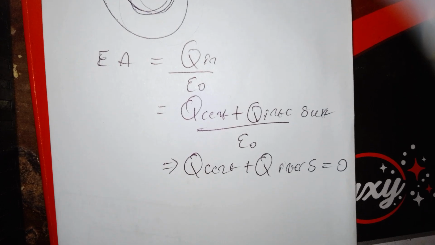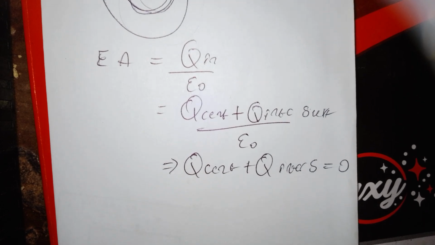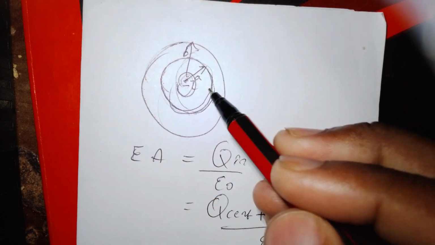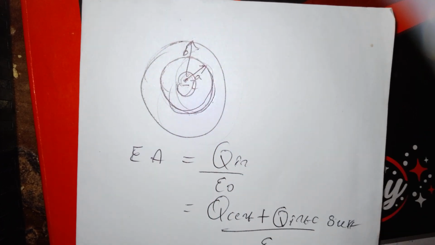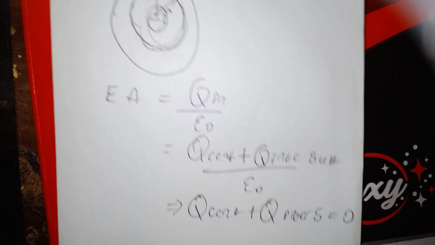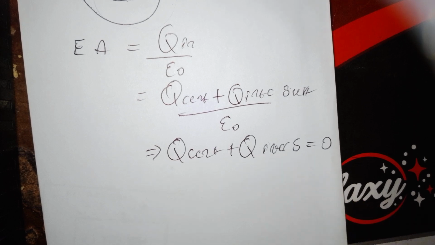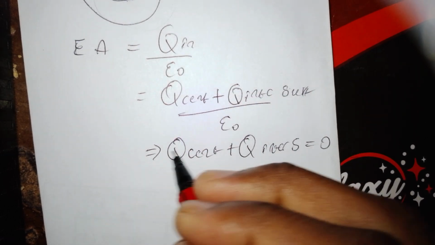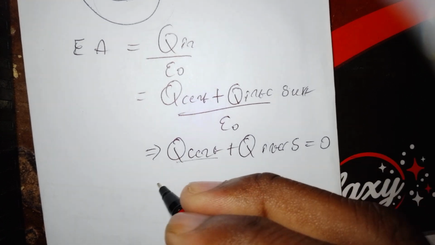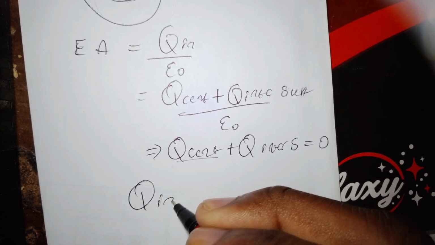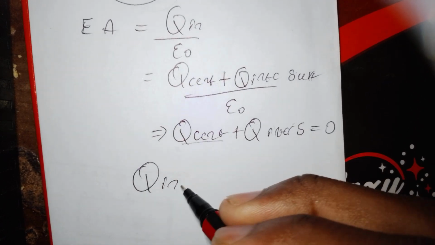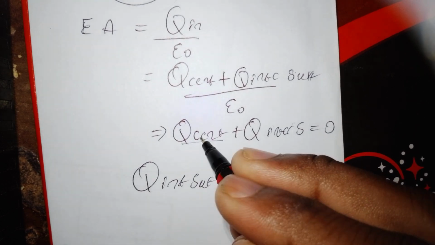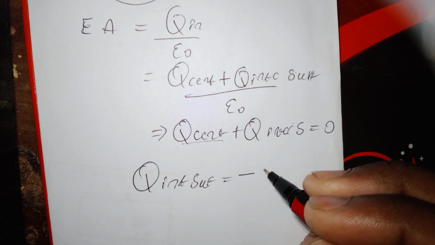What they're asking us to find is the charge distribution on the surface, so let's make this the subject of the formula. We subtract both sides by the charge at the center, and the charge of the interior surface, which is what they're looking for, should be equal to the negative of the charge of the center.